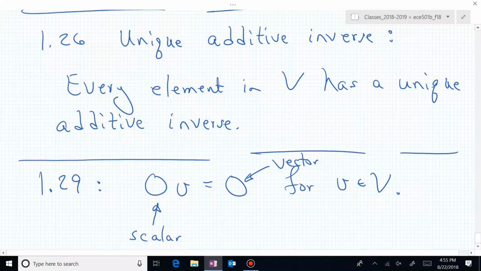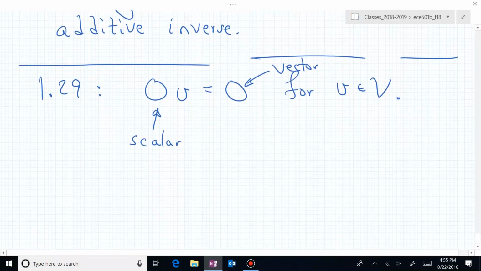So you give me a vector, I'll give you its additive inverse, and if someone else in the room hands you an additive inverse, our two additive inverses are going to be the same. We can't give two different vectors that when added to the vector we were given gives us the zero vector. That's just the property of vector spaces. We want it to be unique.